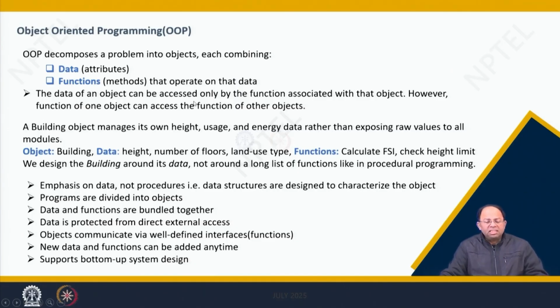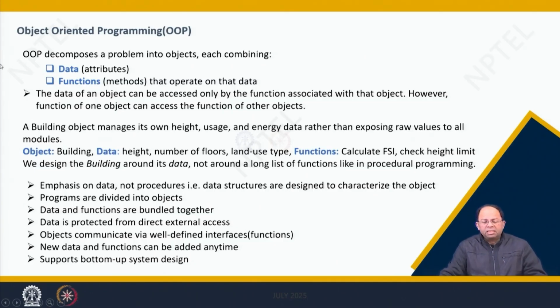However, functions of one object can access the functions of another object, but there is a proper, safe way to do that. One function can call a function of another object, passing some argument to it like we have done earlier, and then getting a result, right? You are not getting access to the internal data of that particular object, right?